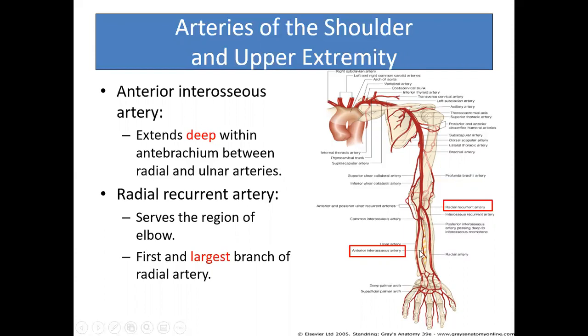We have the ulnar artery here, and the radial artery, so it is located in between. And then we also have the radial recurrent artery. This is the radial recurrent artery. It supplies the region of the elbow. It is the first and largest branch of the radial artery.